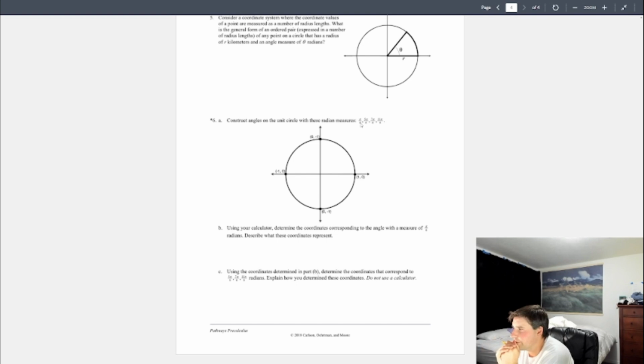Maybe I was supposed to convert it to degrees. Okay. Well, use coordinates to determine the coordinates that would correspond.